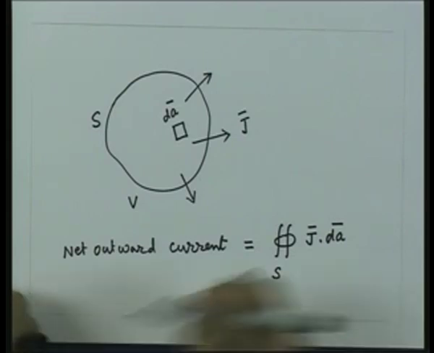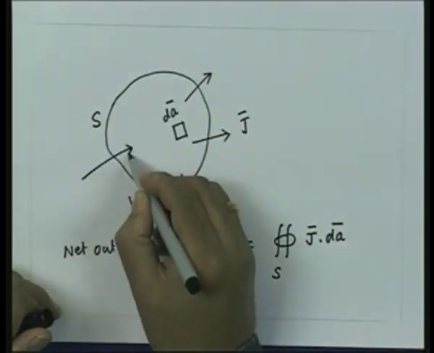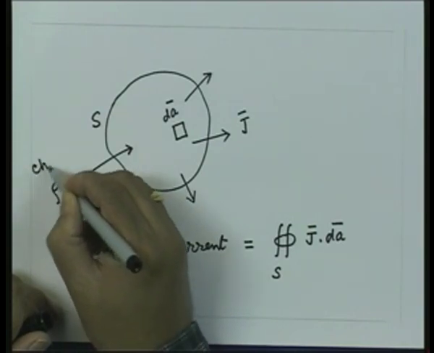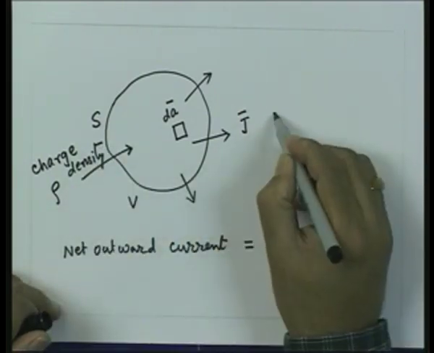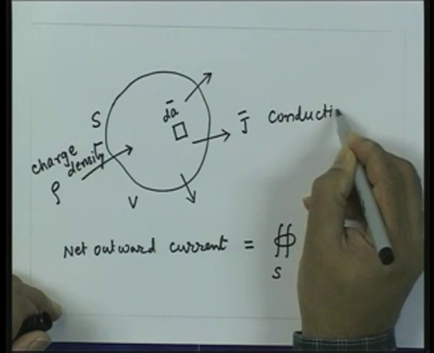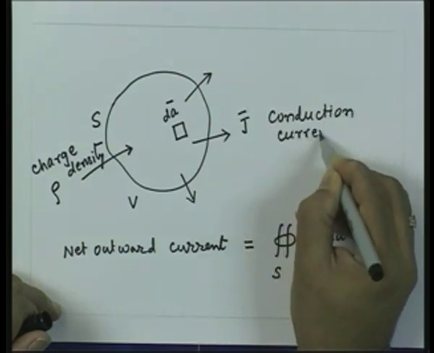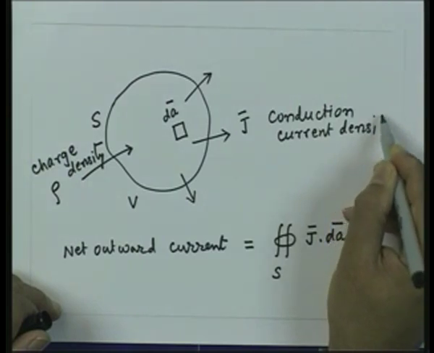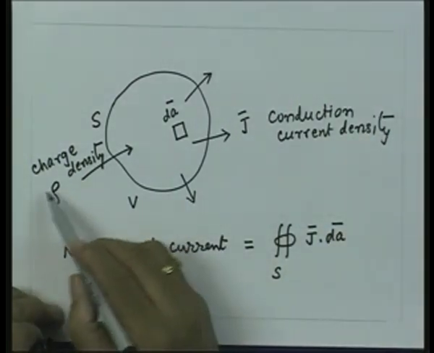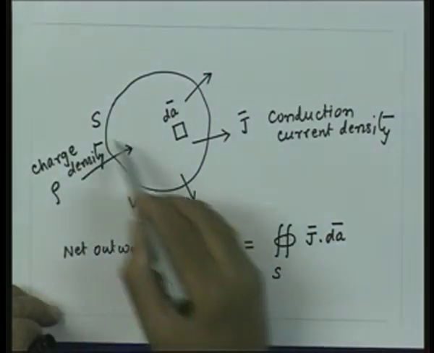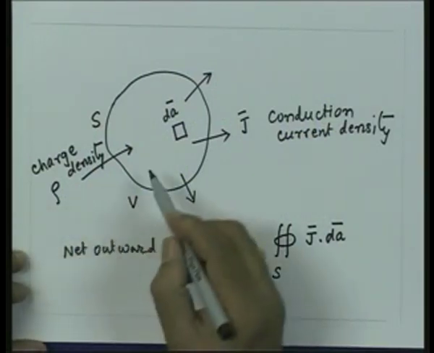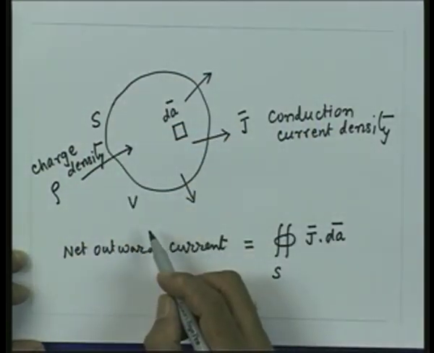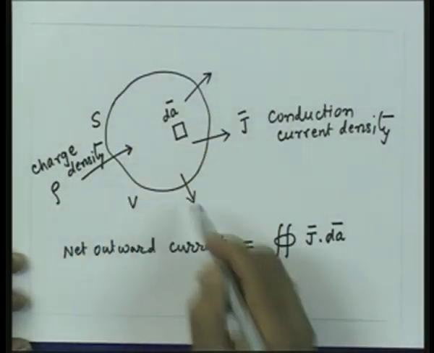So, if I say that this volume is having a charge density which is given as rho, and this is the conduction current density, then the net decrease or rate of decrease of charge inside this volume must be same as the total current which is coming from this surface. So, if I have the charge density rho, then the total charge enclosed by this surface will be the integral of rho over the volume.